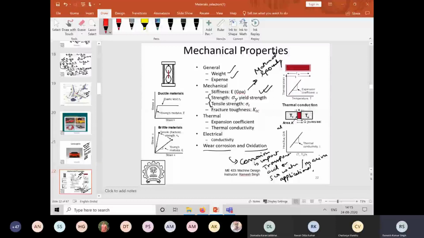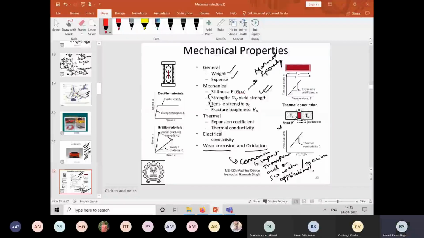And then the other important thing is corrosion and oxidation. So imagine I am trying to design a marine application, right? I have to design a pipeline which will go under the sea. What is the key requirement? Can somebody type it out and then I will talk about it?